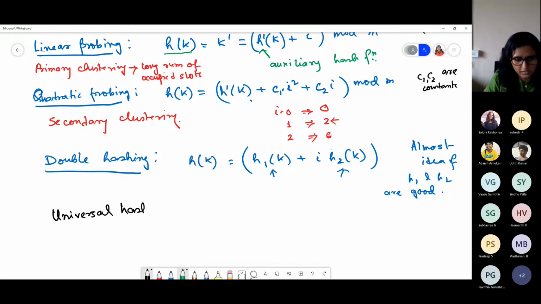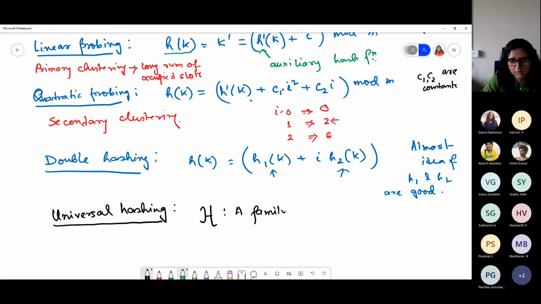Mostly this is used if you need some kind of standard, or your hashing has to be more secure, then all these previous schemes will not be strong enough, not even double hashing. So in that case, the only solution is using universal hashing. In case of universal hashing, you are given a family of hash functions. So H is given, this is a family of hash functions.